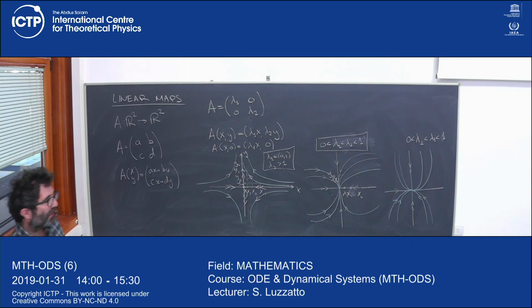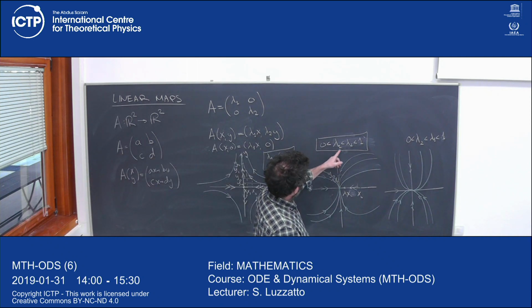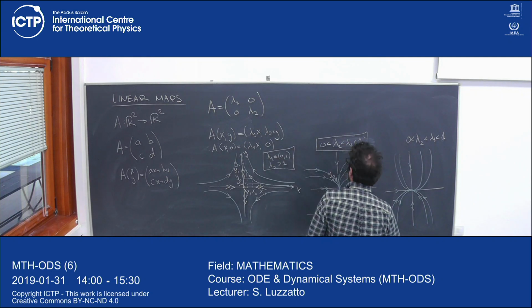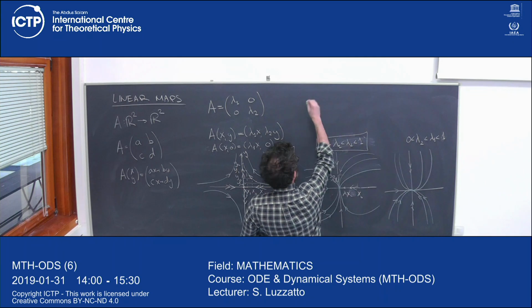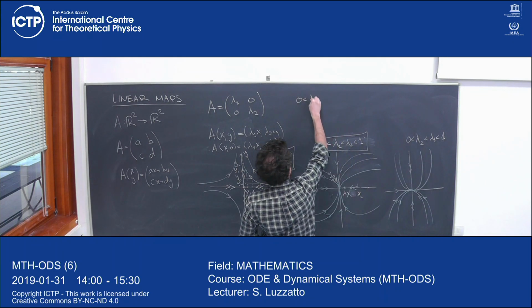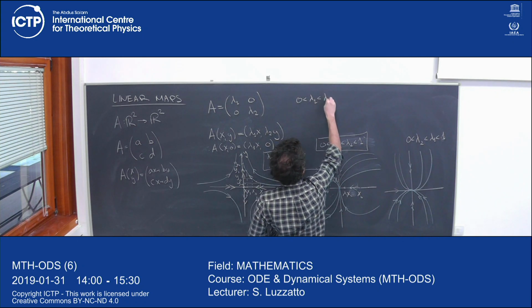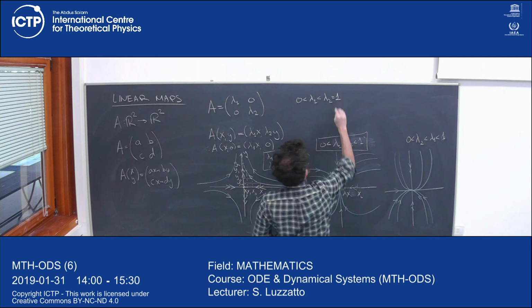So the other things that can happen are that one of them is equal to 1, right? So there are some kind of slightly degenerate situations, like suppose that lambda 1 is less than lambda 2 and lambda 2 is equal to 1.